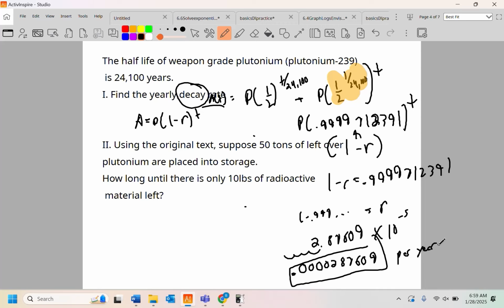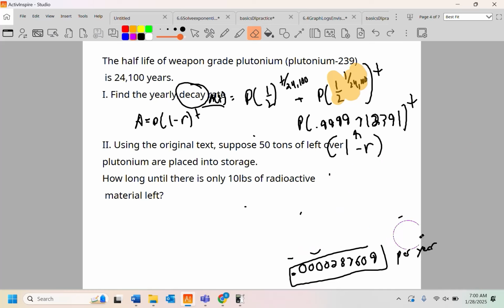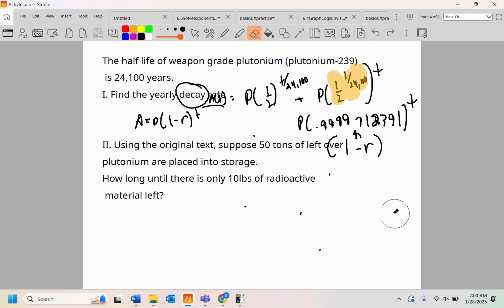Pretty small, huh? All right, using the original text, suppose 50 tons of leftover plutonium are placed into storage. How long until there's only 10 pounds of radioactive material? Basically eternity. I mean, it's going to be billions of years. A ton is 2,000 pounds.